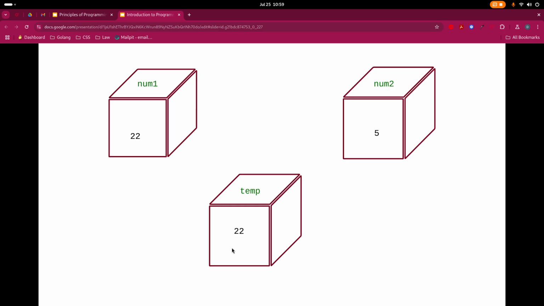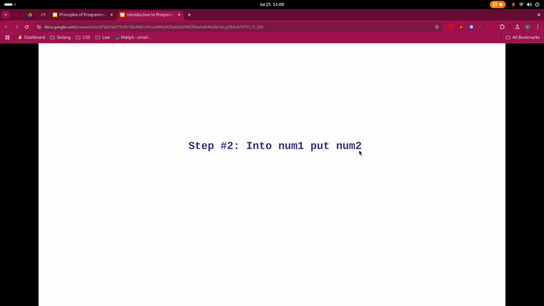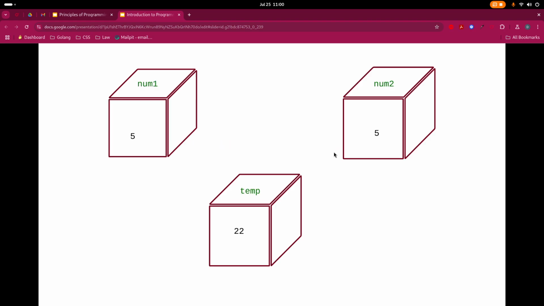By now you should see the next move we're going to make, and that next move is to take num2 and put it into num1. So into num1, put num2. Good. So we have both 5s, and obviously the 22 would have been overwritten, but it doesn't matter anymore because we have it right here.